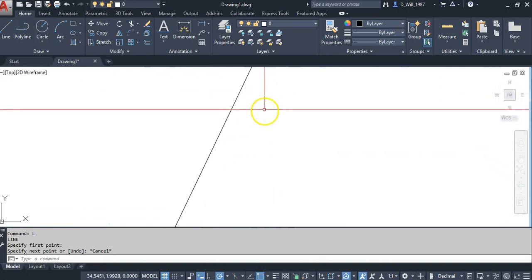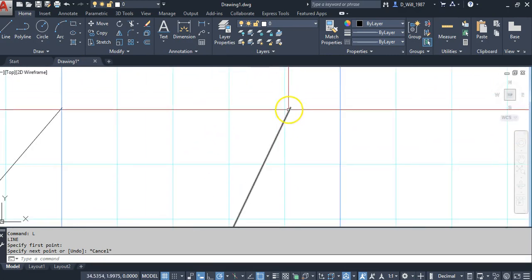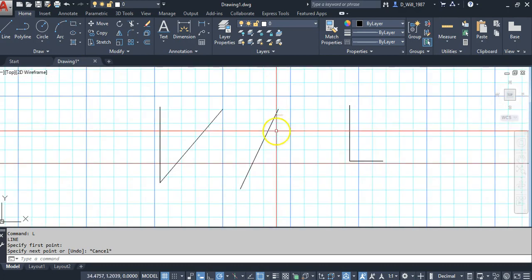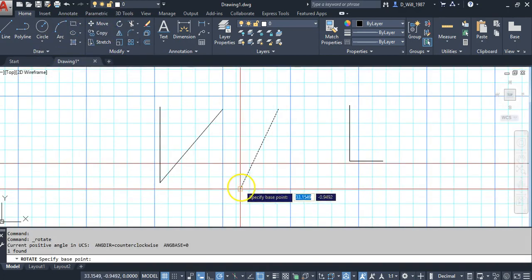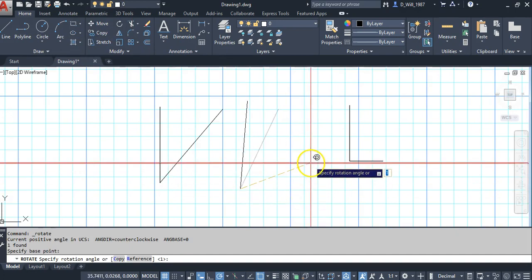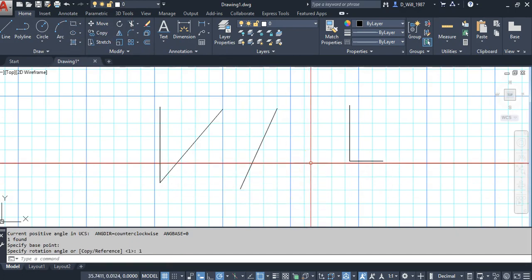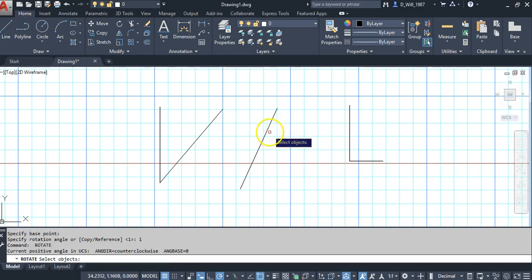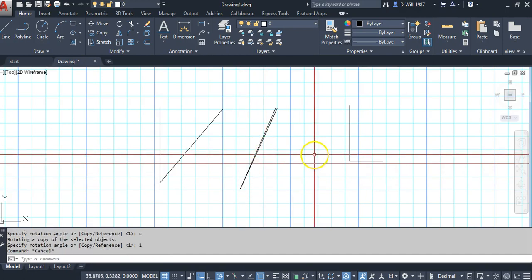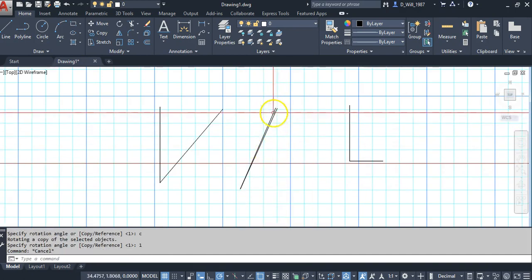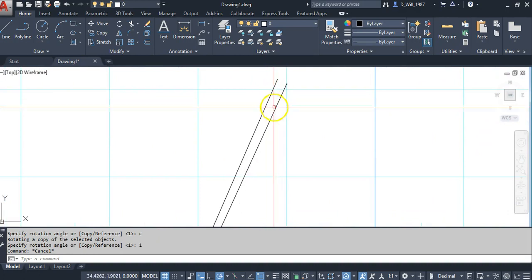As an example here, I have a line here, and 1 degree away from it is a second line.